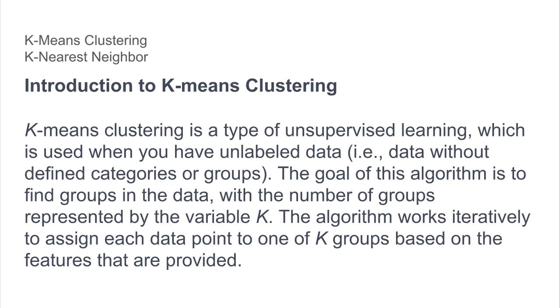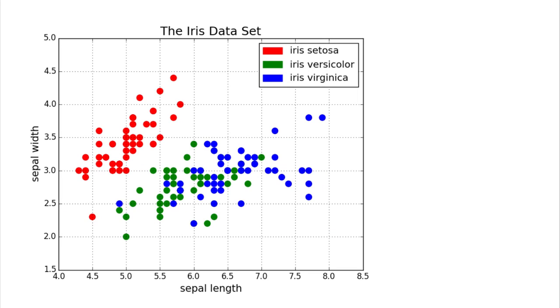So k-means clustering is a type of unsupervised learning, used when you have unlabeled data, that is, data without defined categories or groups. The goal of the algorithm is to find groups in the data, and the number of groups is given by the variable k. The algorithm works iteratively to assign each data point to one of the k groups based on the features that are provided. So that is clustering.